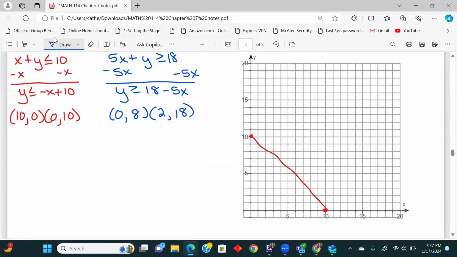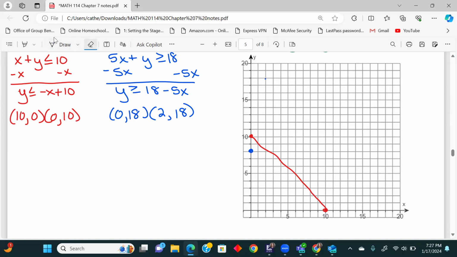Over 0, up 8. 5, 6, 7, 8. And then over 2, up 18, which is going to be 15, 16, 17. It's 0, 18, and 2, 8.